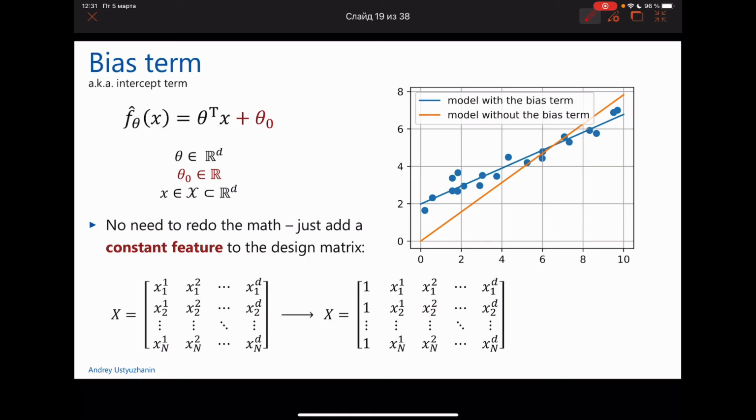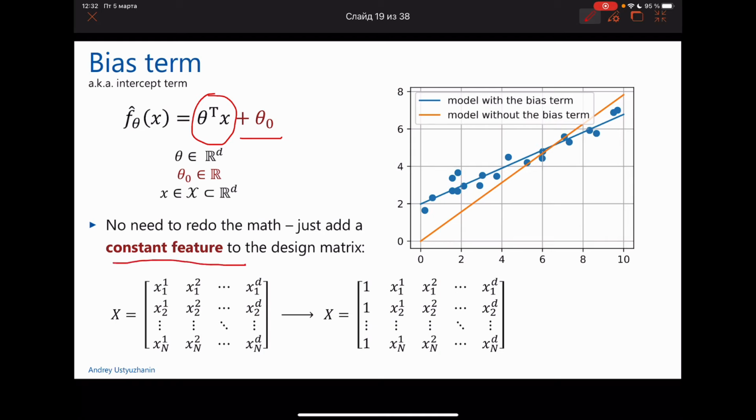Well, in the previous example, we omitted the bias term of the regression, so we considered only this part of the regression. But in the full form, we have to add a bias term. But actually, it doesn't imply any recalculation of the analytical solution, because we can just add a constant feature to the design matrix.